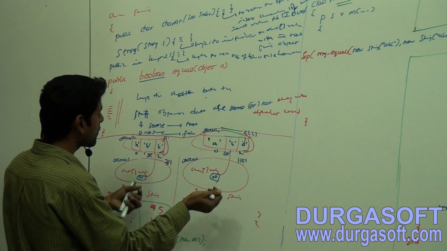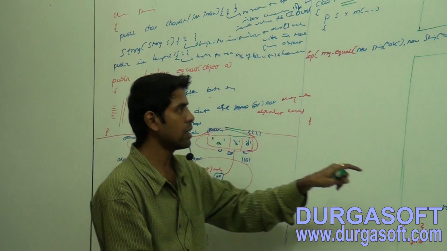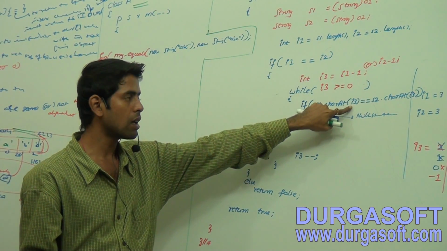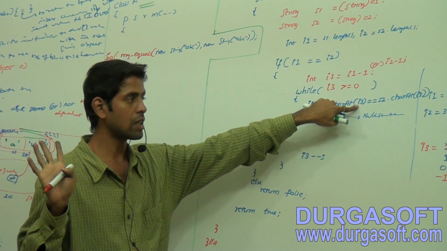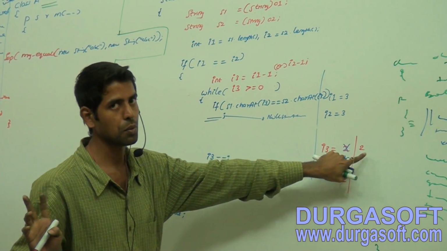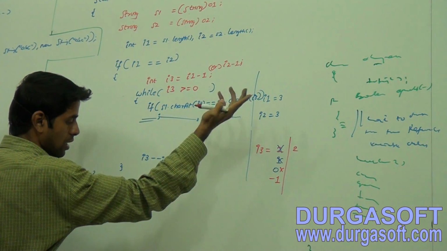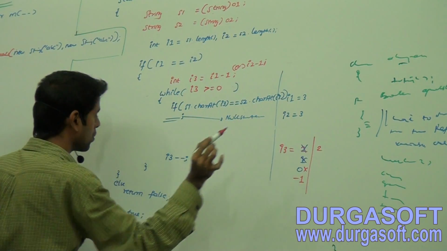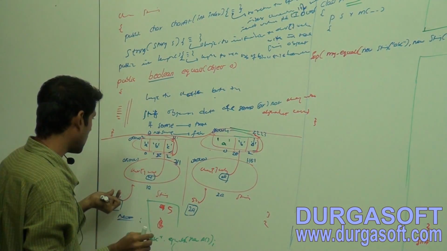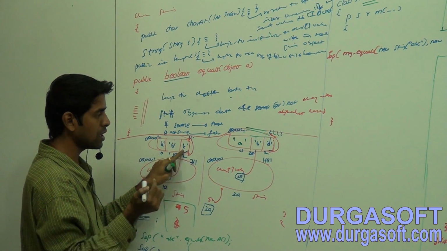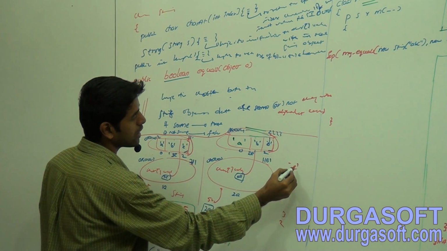Now observe here: s1 dot charAt of I3, where the I3 value is currently 2. s1 dot charAt of 2 is c, a character literal.